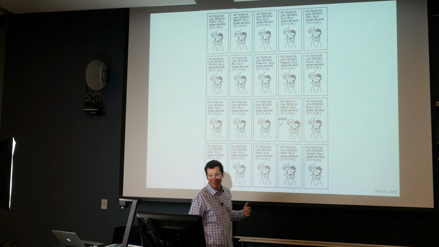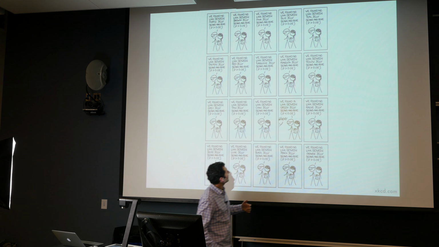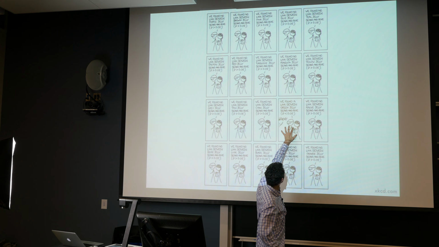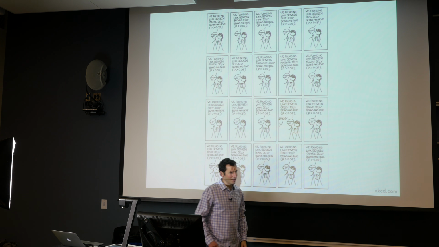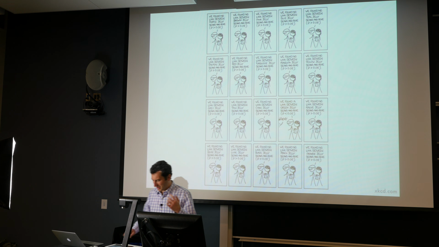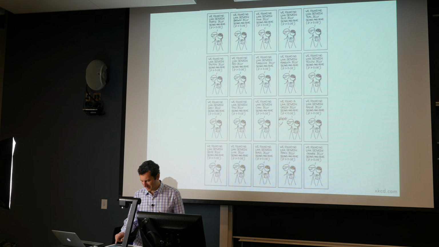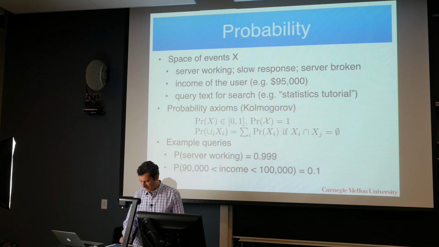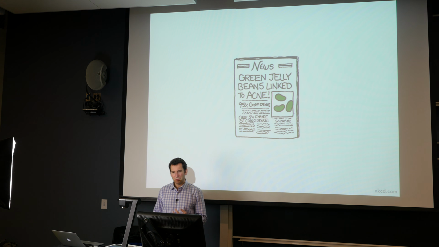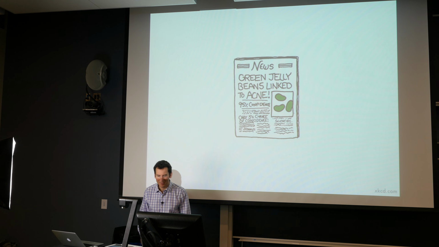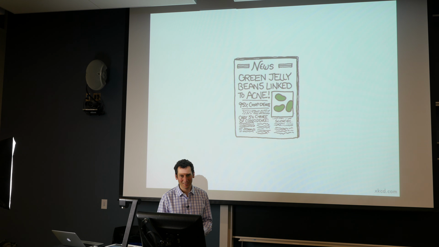And then, voila, there's this one bit, namely green jelly beans and acne. Actually, there's a link at confidence level of 0.05. And so now you can infer that, with 95% confidence, you can have a wonderful news article which shows that there's a link between green jelly beans and acne.